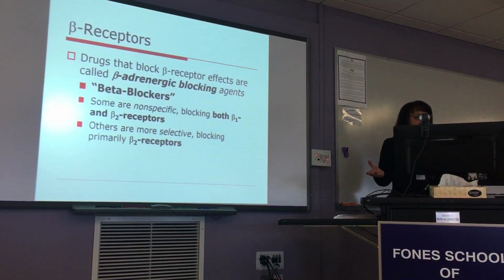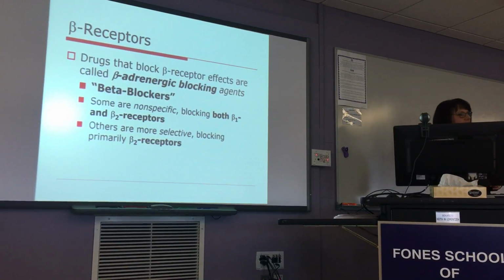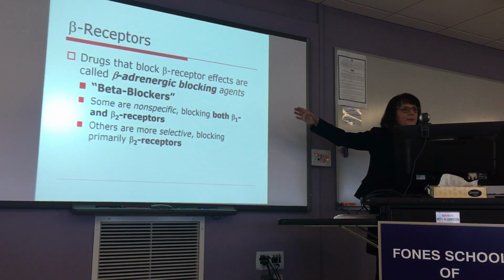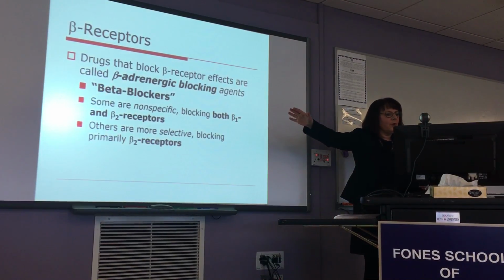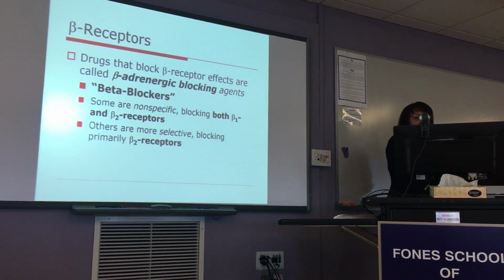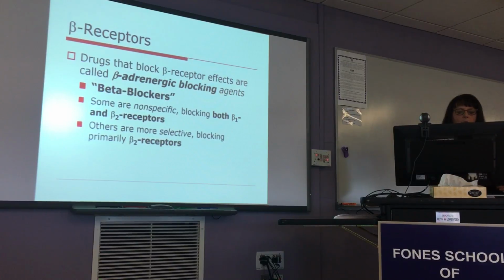Drugs that block the beta adrenergic agents are called beta blockers. Sounds familiar from the heart medications, right? Some are non-specific and block the beta 1 and the beta 2, and others are more selective, blocking only the beta 2 receptors.